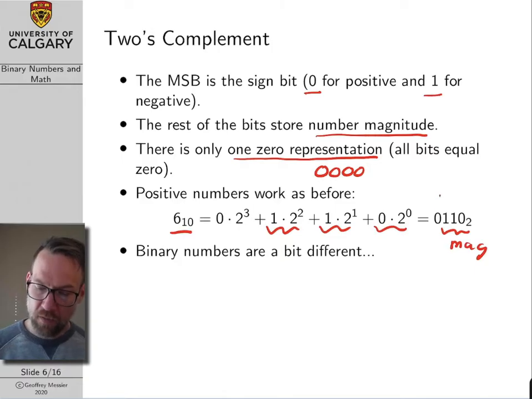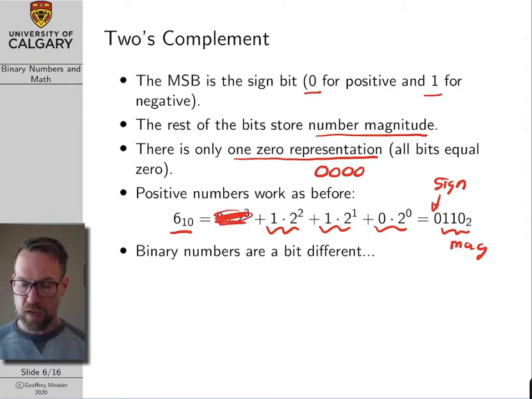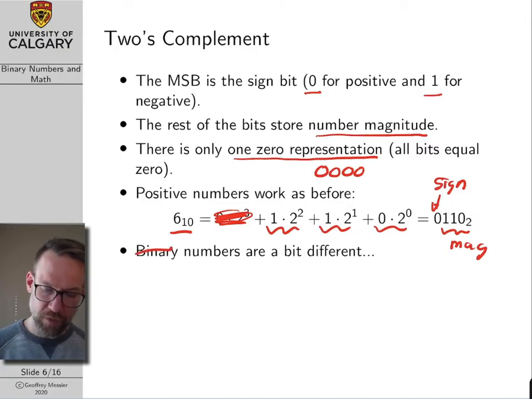And then this leftmost bit is the sign bit. I included it here, but I really shouldn't have. That's a typo. If we have a 0 sign bit, then we just treat the rest of the numbers as magnitude, just like unsigned numbers. This is another typo.